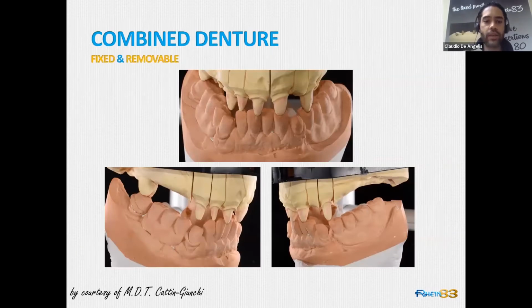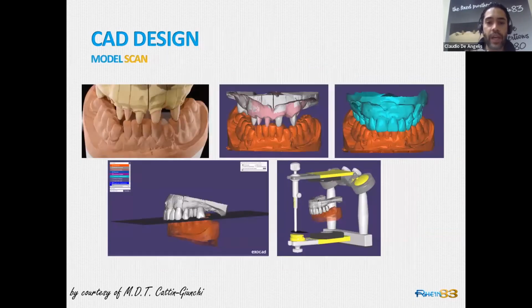Okay, let's see the CAD-CAM case. We start from a traditional impression. It's not a totally digital workflow. The doctor prepared the frontal teeth, took a very good quality impression, and the laboratory produced the master models and put them in the articulator.